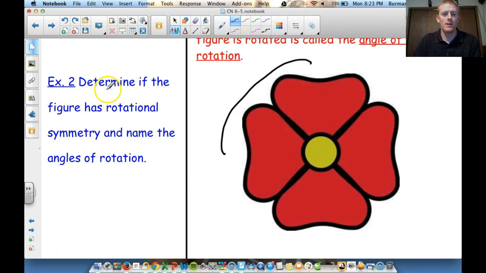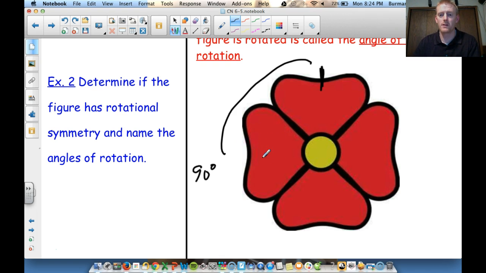So our job is to determine if the figure has rotational symmetry. It does, because it looks exactly the same as I rotate the shape. So how many, name the angle of rotation? Well, it's every 90 degrees. So I have 4 times before it falls exactly on itself again. Because if I started right here and then I rotate, those marks are going to be over on this side, and then they'll be on the bottom, and then they'll be on the left side.